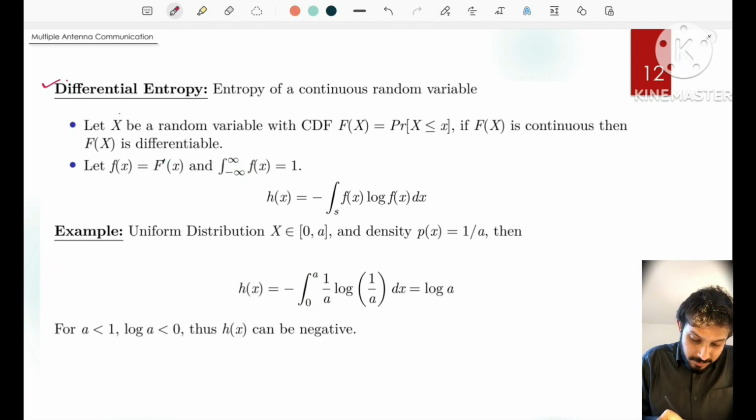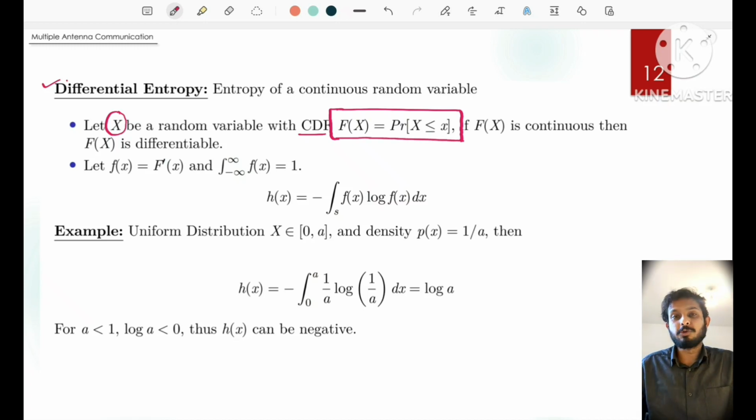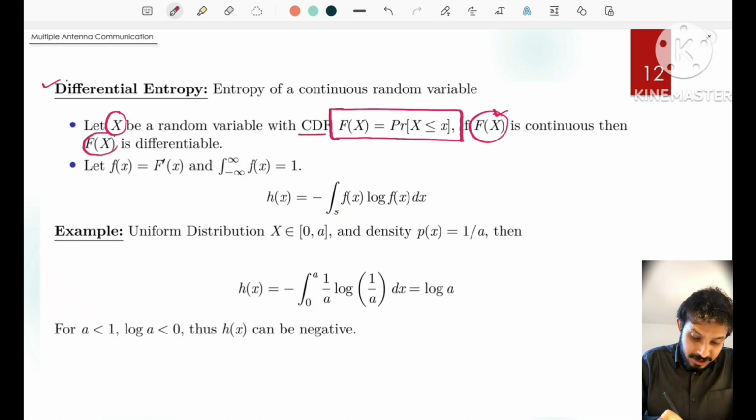So for a continuous random variable x, we can define its CDF as F of x is the probability that a random variable X takes a value less than or equal to x. And if F(x) is continuous and differentiable, then we can easily get the probability density function of x. Here we have this PDF.